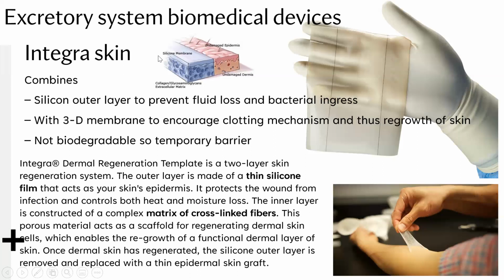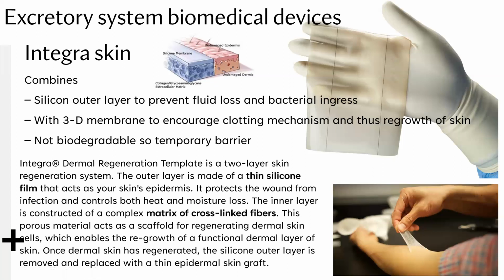The silicone itself prevents fluid loss and helps with managing bacterial ingress. And the membrane, the inside region, which is a 3D mesh, helps the clotting mechanisms, regeneration, and the cell accumulation underneath this layer. So it's helping the epithelialization, in other words.